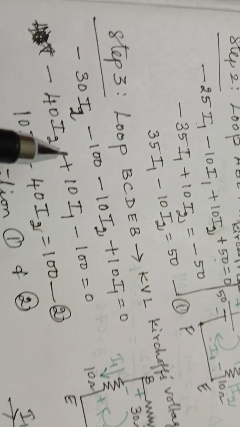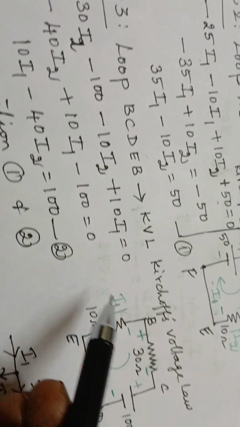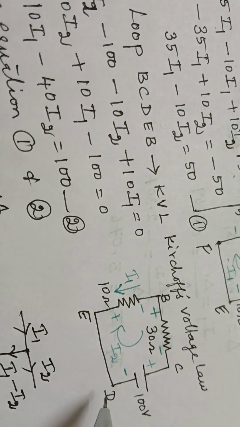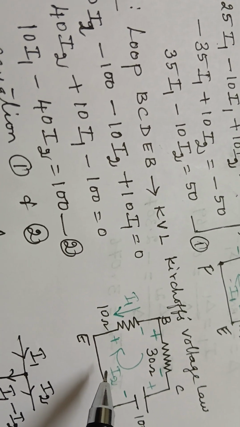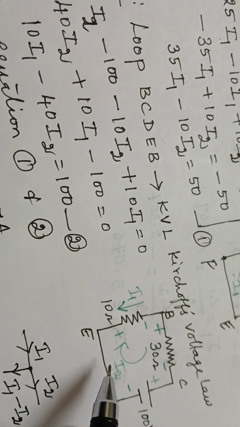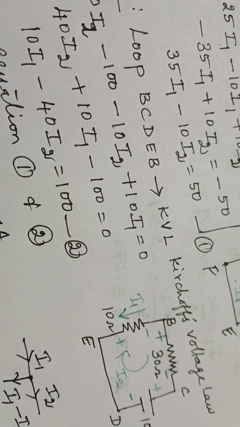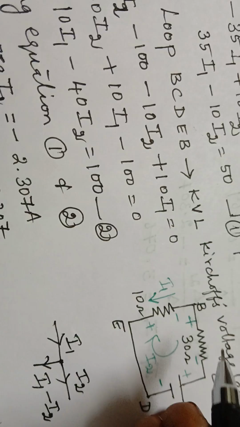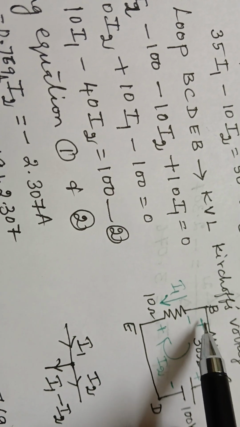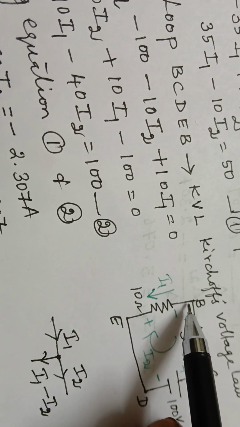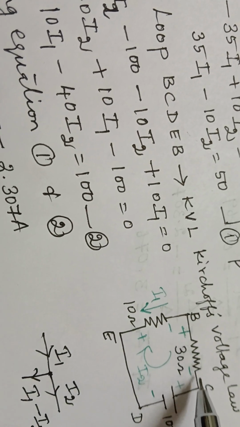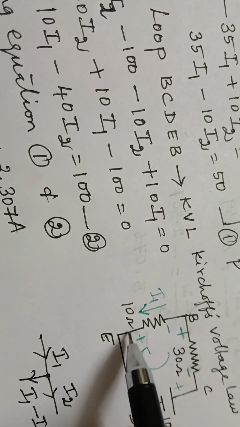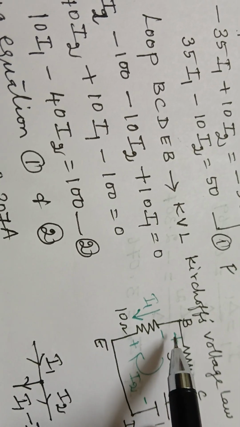When considering step 3, the loop is B, C, D and E. Taking this loop, I am applying Kirchhoff's voltage law. According to Kirchhoff's voltage law, the sum of the potential drops and rises is equal to 0. This is the starting end of the loop, the mesh. The current travels like this and closes.